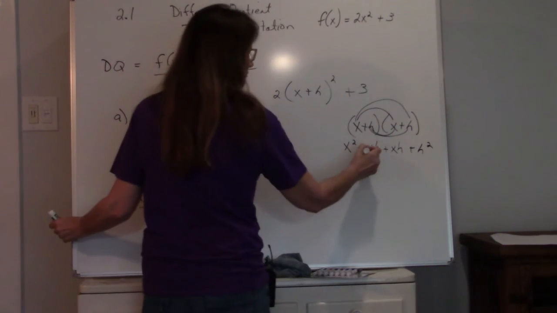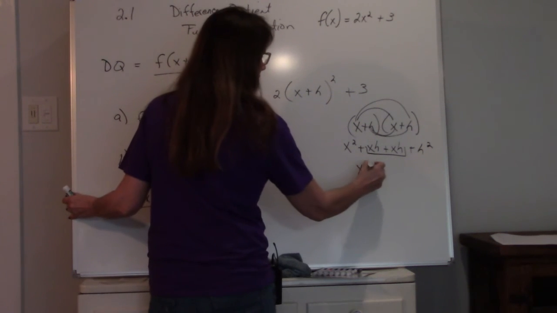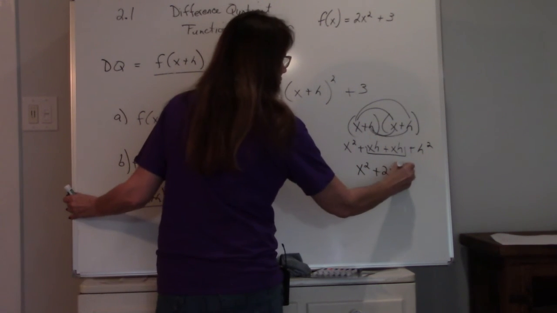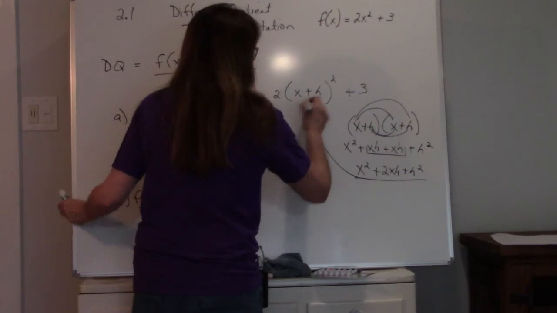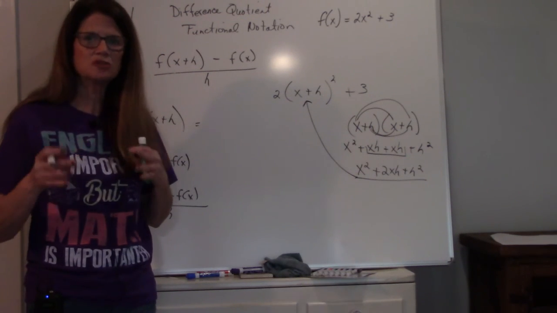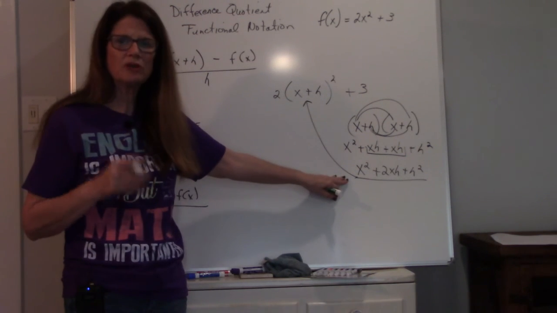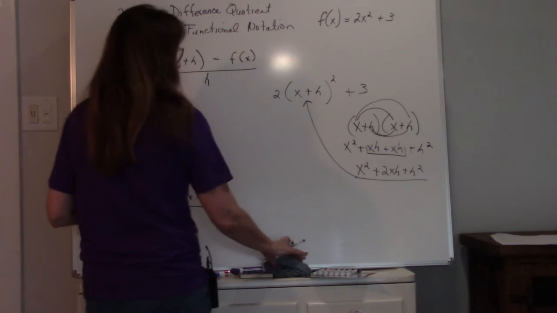So when I simplify this, I have like terms right there. So I end up with x squared plus 2xh plus h squared. That is that every single time. So anytime you have x plus h squared, you will always end up with x squared plus 2xh plus h squared. Okay?